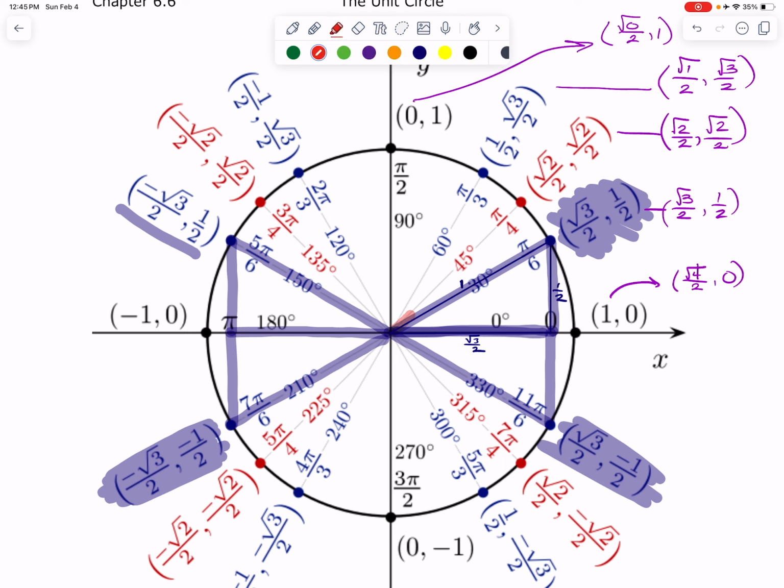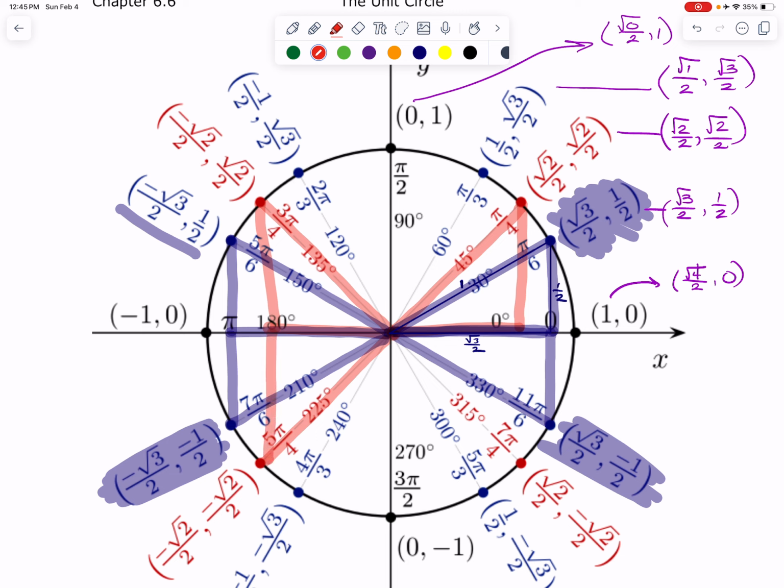If I'm taking a look at my 45-degree angles, my pi over 4 family, there's my pi over 4 in the first quadrant. Here's my 3 pi over 4 in the second quadrant. Here's my 5 pi over 4 in the third quadrant.